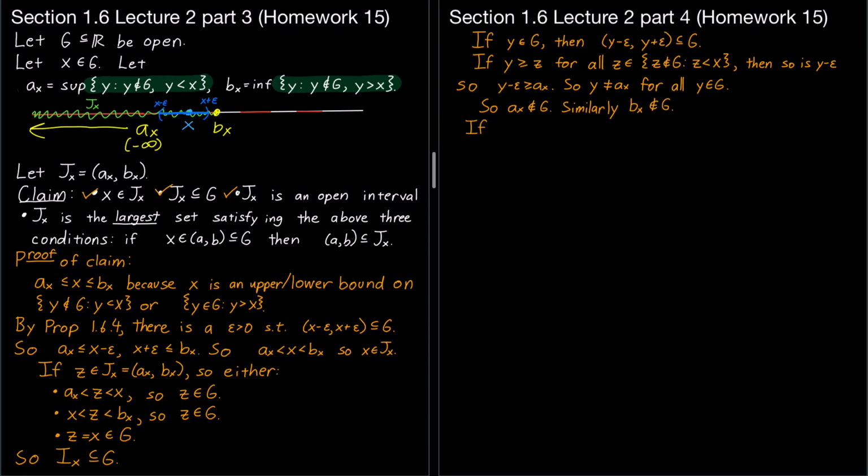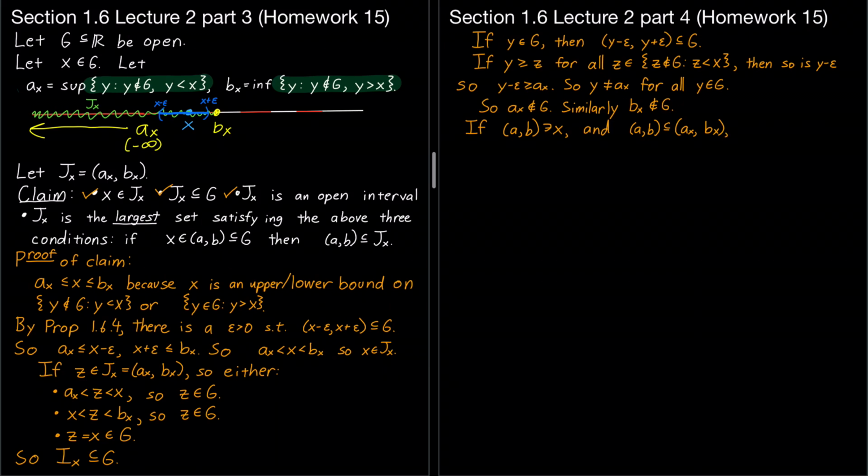And if you've got an interval AB that contains x, and AB is not contained in the interval from a_x to b_x, either you've got a point that's smaller than a_x that's in your interval, or you've got a point that's b_x or bigger.